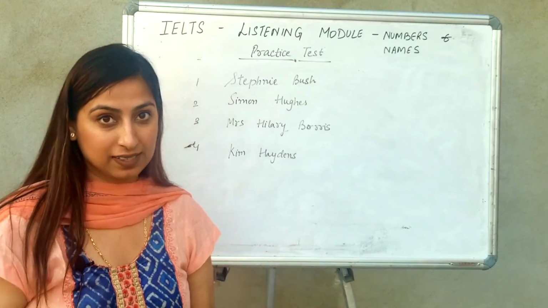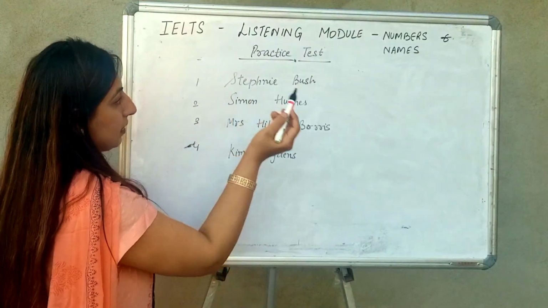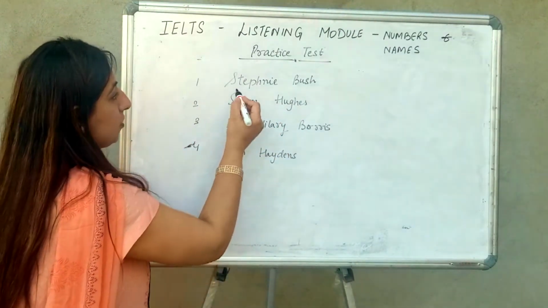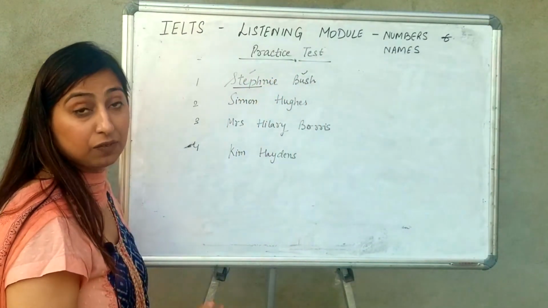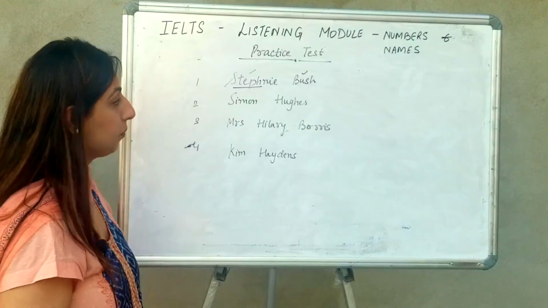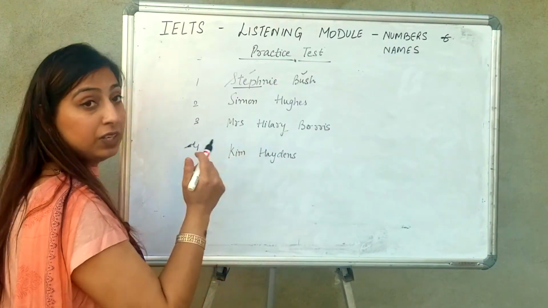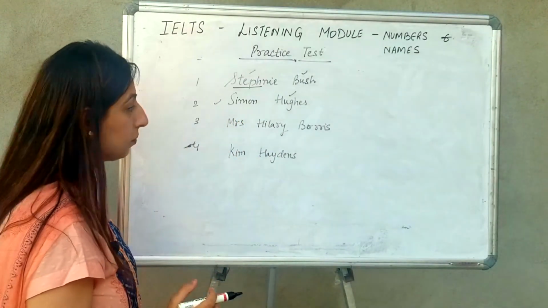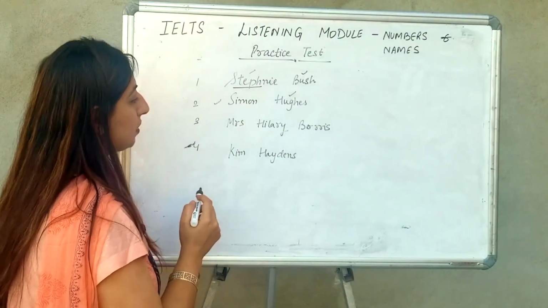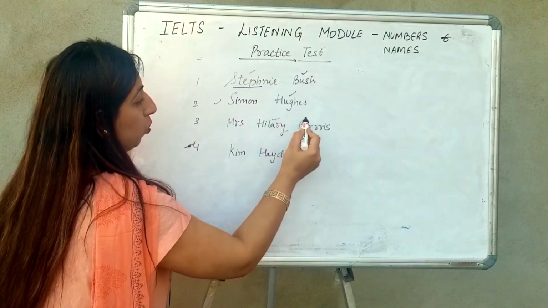Let's have a look at the answers. The first one is Stephanie Bush. I spelled Stephanie and didn't spell Bush because Stephanie is difficult while Bush is very common and easy. The next is Simon Hughes. I spelled Hughes. You must know the spelling of Simon. The next is Mrs. Hilary Boris. I spelled both of the words.